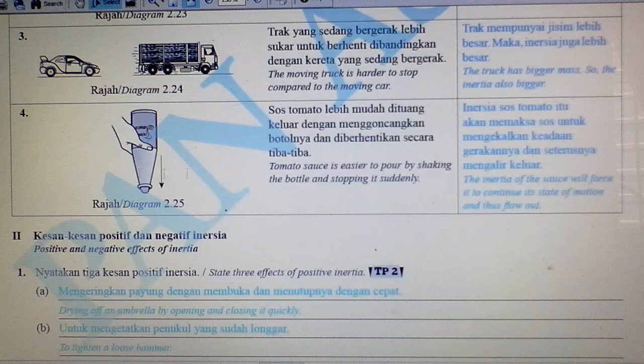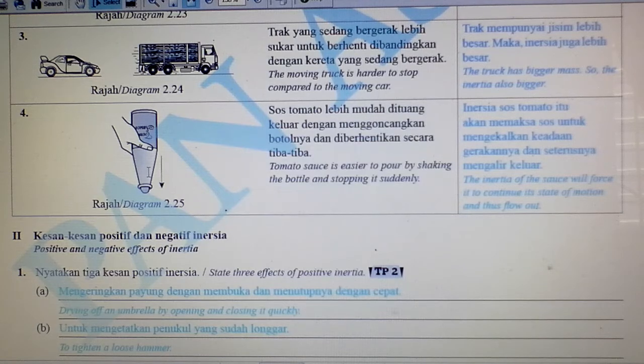Okay, number 4. Tomato sauce is easier to pour by shaking the bottle and stopping it suddenly. Okay. Explanation. When you shake, meaning at first your action is to bring the sauce and the bottle downwards, meaning the sauce and the bottle are moving downward together.